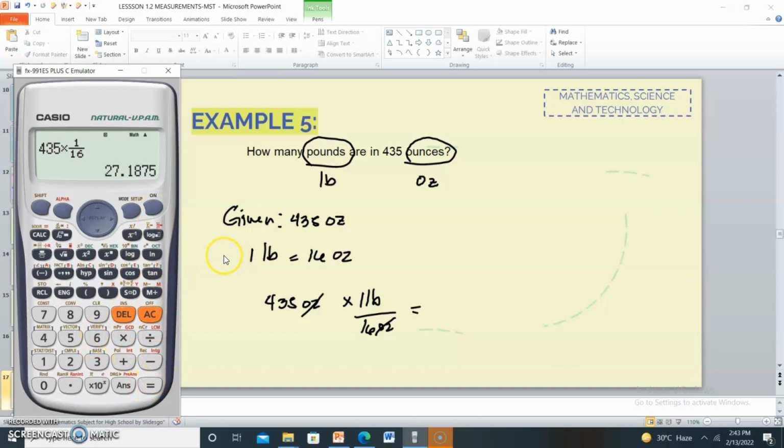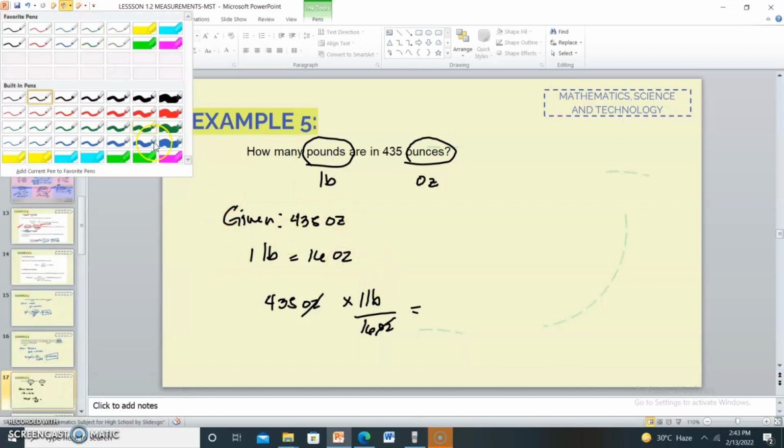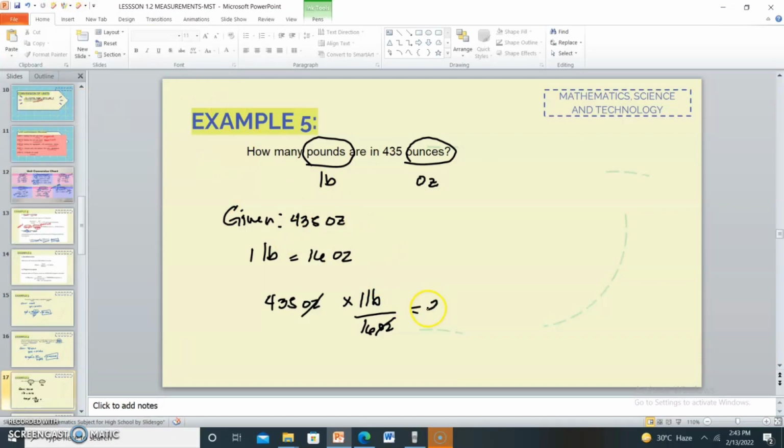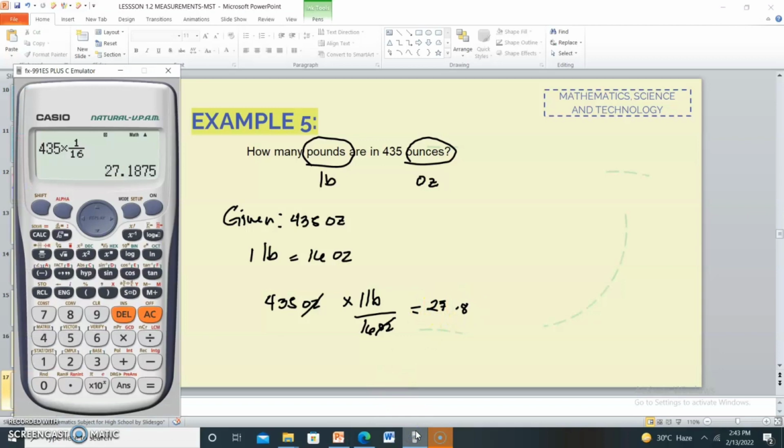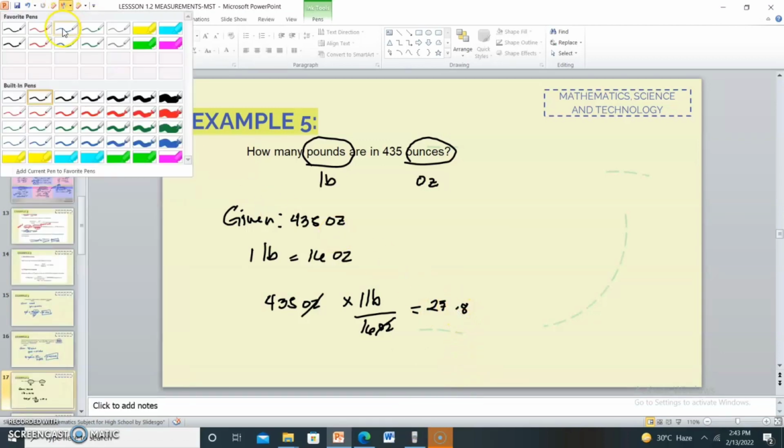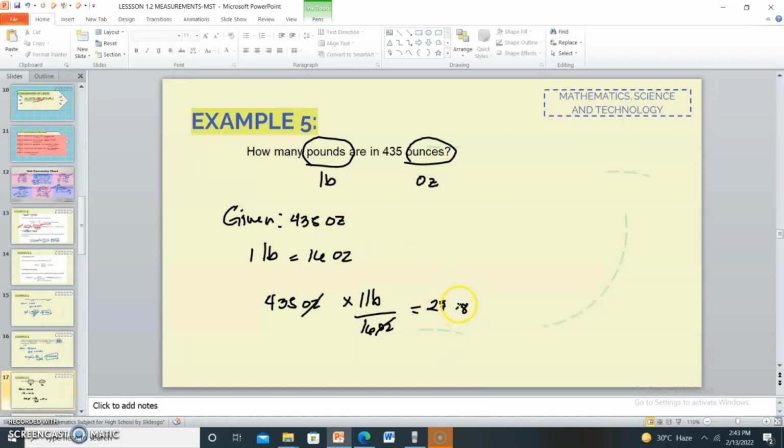Equivalent to 27.1875, or 27.18 pounds. That's the final answer.